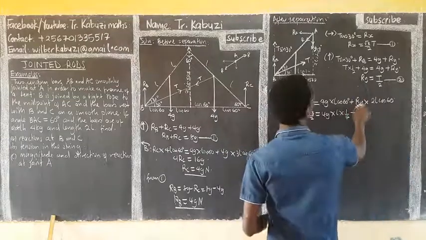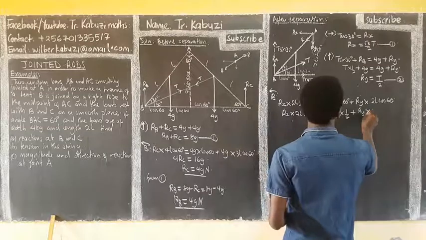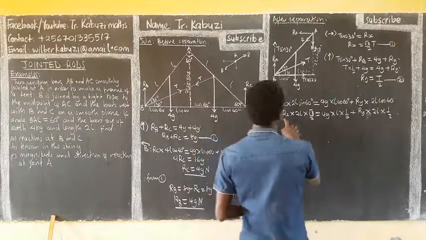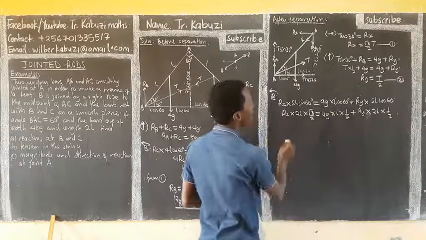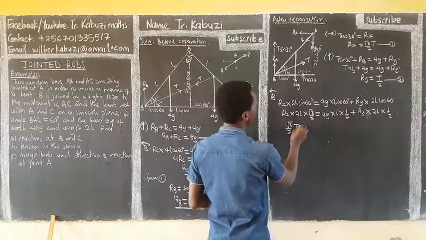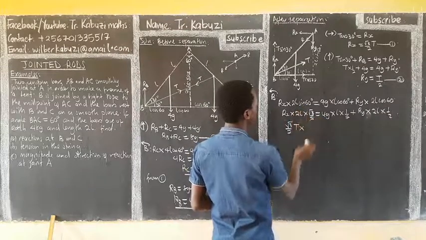Okay, I'm going to, but this one is T. Ry times 2L times a half. But my Rx in terms of T is there. So I have root 3 over 2 T times, now I think this one is going to simplify with that.